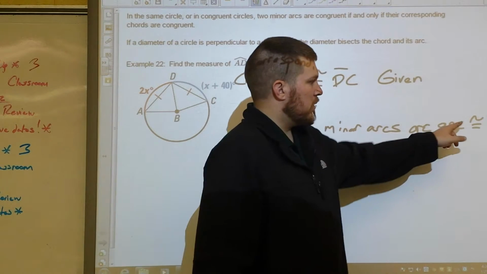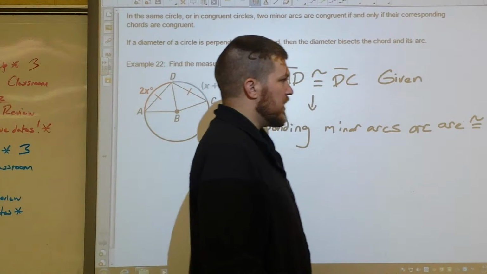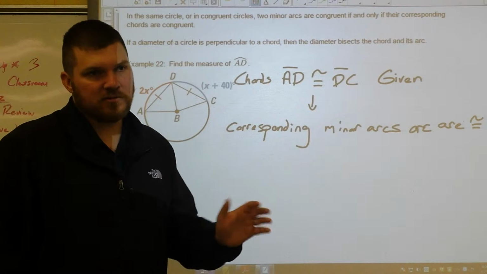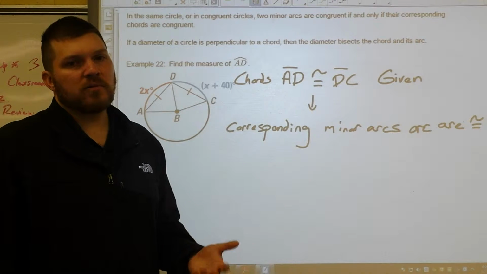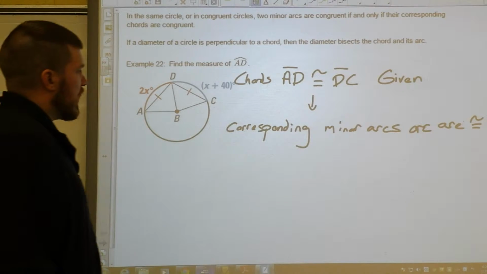Now, instead of congruent, I just use the math symbol. It's an equal sign with a squiggle on top. That means congruent. Same size, same shape. But essentially, if you want to think of it as an equal sign, it's not technically right, but it would be good enough for our purposes. Alright, so corresponding minor arcs are congruent.